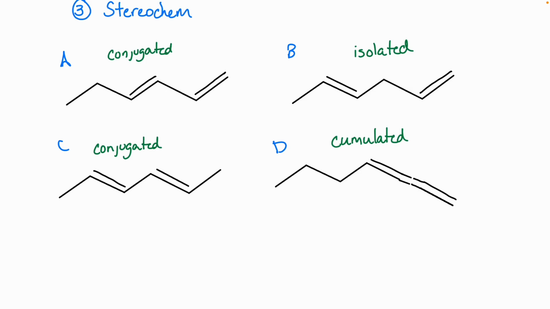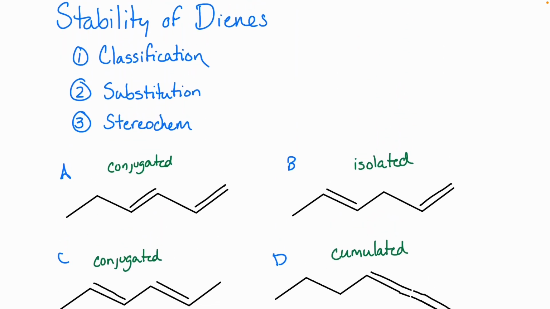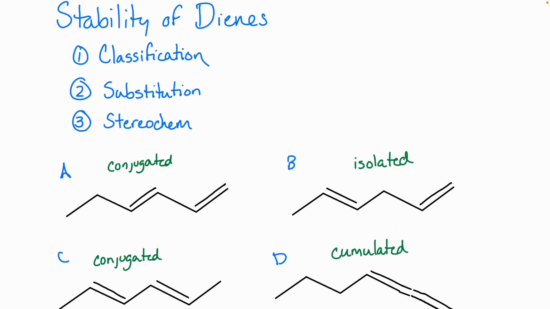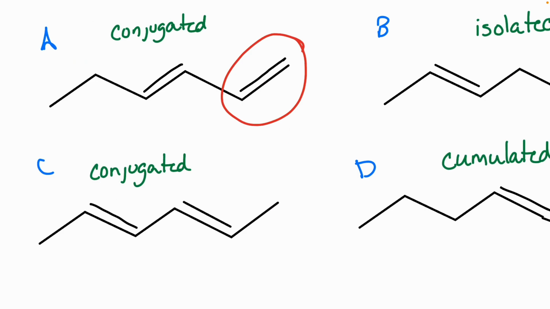I know which one is going to be the least stable. That cumulated, right? Cumulated's bad. Followed by B. Okay, so A and C, though, are both conjugated. How am I going to distinguish between which one of these two is more stable? Now we got to go to the next factor here, that degree of substitution. So if we look here, what's the degree of substitution on this one? Mono, di, tri, tetra.